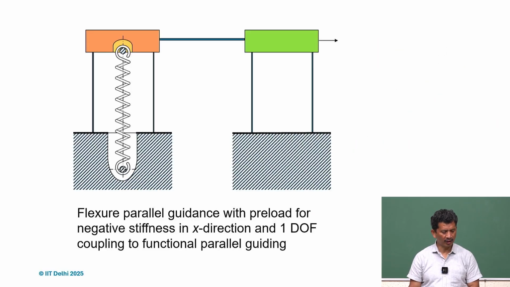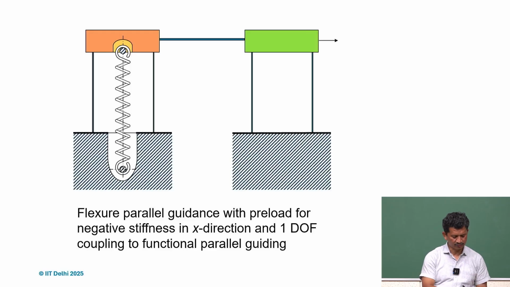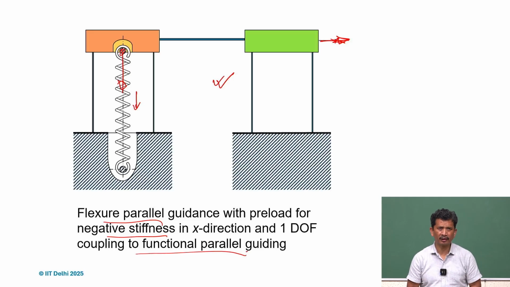So if we want a parallel guidance mechanism with negative stiffness or a stiffness near zero, then we can always combine. For instance, it's a flexure parallel guidance you have here with preload. So preloading is because of this. So preload for negative stiffness in the x direction. This is the x direction, and so that we can get a functional parallel guiding.